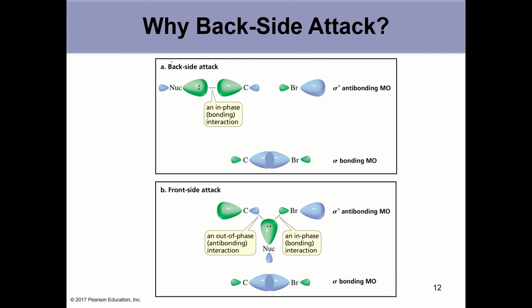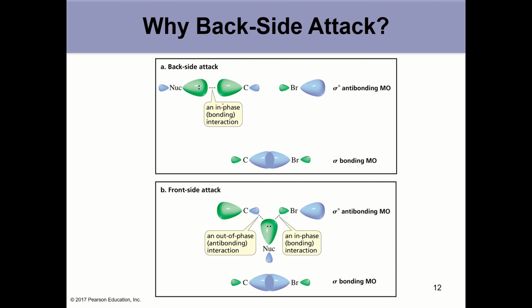Remember that for a new bond to form, we must have in-phase bonding overlap. And when a new bond is forming, the electrophile is accepting electrons into its lowest unoccupied molecular orbital. It cannot accept electrons except into the LUMO. The other orbitals are occupied.